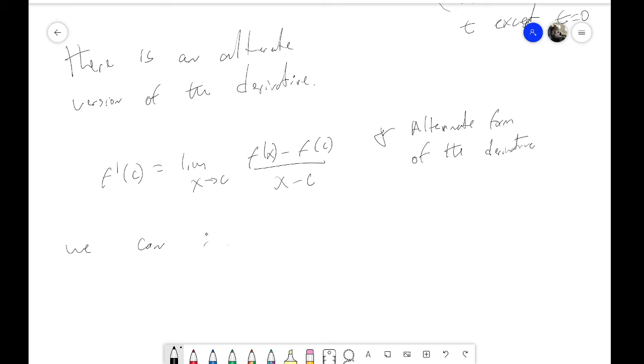So we can use this form to find left and right sided derivatives.